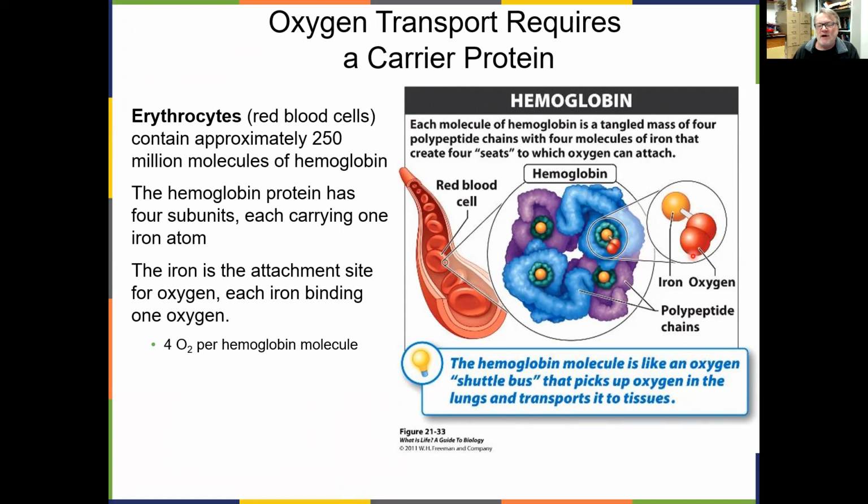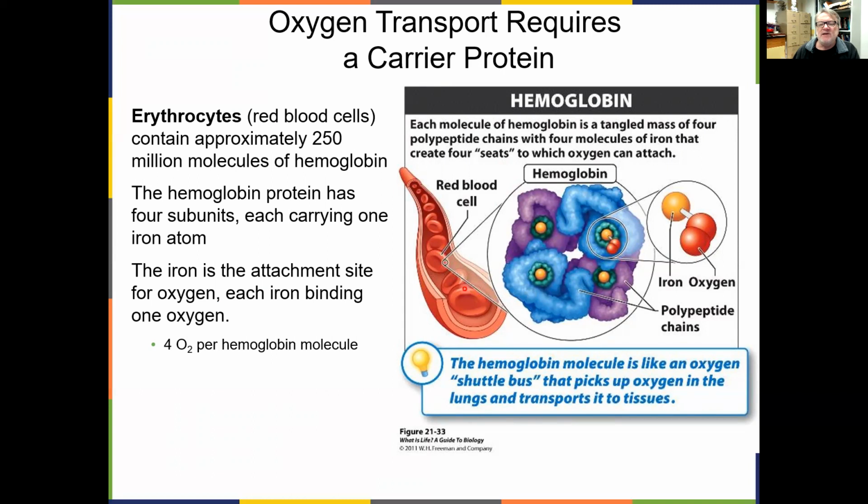So in the alveoli of the lungs, as the blood passes around the alveoli, oxygen will diffuse into the red blood cell, coming across the walls of the capillary and entering the red blood cell, and then the oxygen molecules will bind to the iron molecules. Every individual hemoglobin molecule has 4 iron, so it can bind 4 oxygen molecules, or 4 seats.